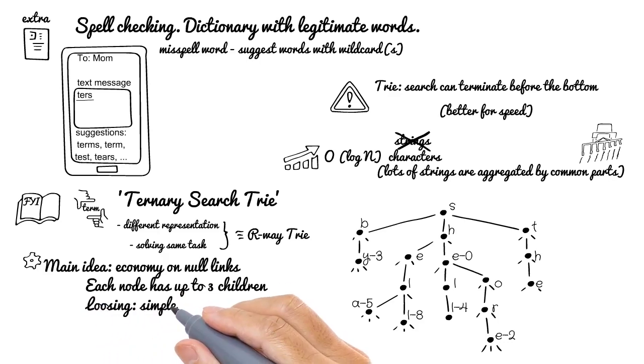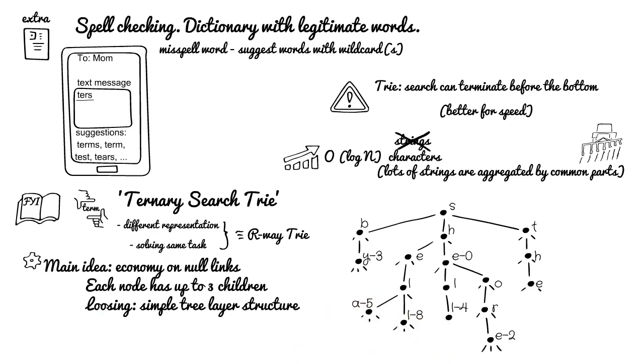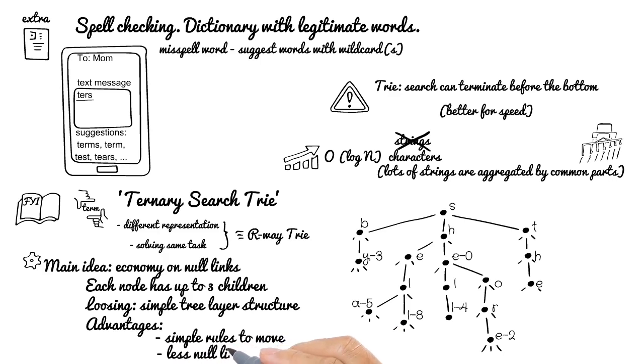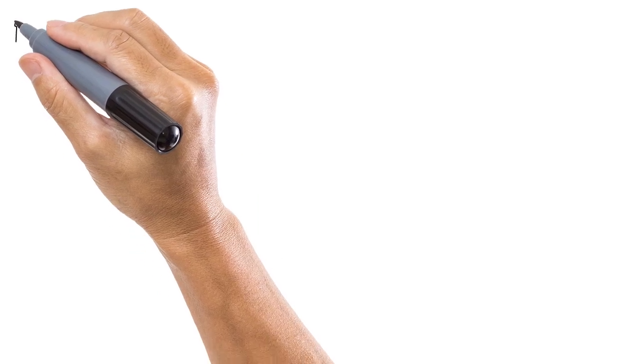What we are losing with TST is the simple layer structure with the first symbol of any string on the first layer, the second symbol on the second layer, and so on. TST has simple rules to move left, right, center though. The obvious gain with TST is significantly fewer null links, which is more space efficient in case our radix is large enough. For example, Unicode, 2-octet characters, and so on.